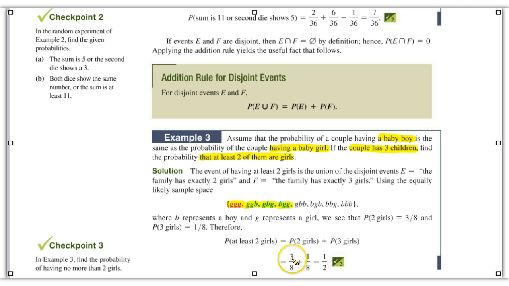So they're showing that down here as having 2 girls first is 3 out of 8. Having the 3 girls, 1 out of 8. When we add this together, we get 1 out of 2. So 50-50. Remember, there are 8 possibilities, and then that you will have 2 girls at least is 50%.